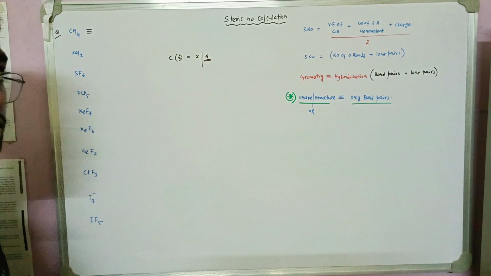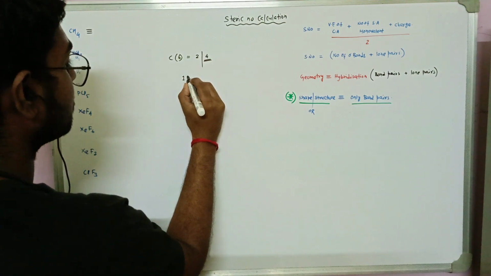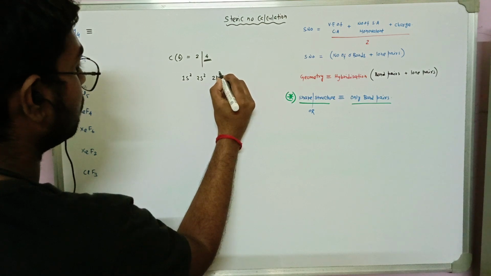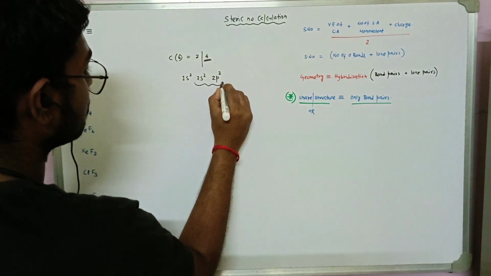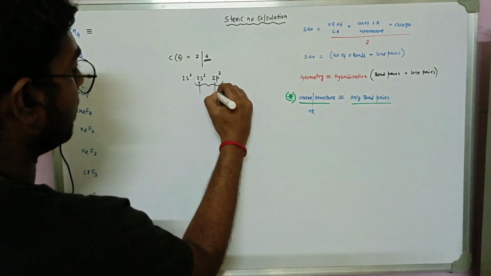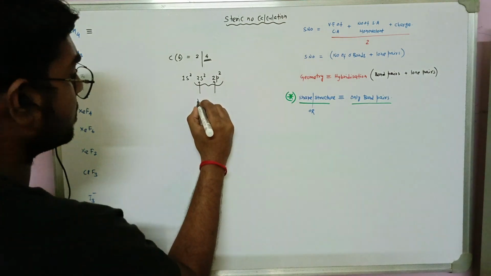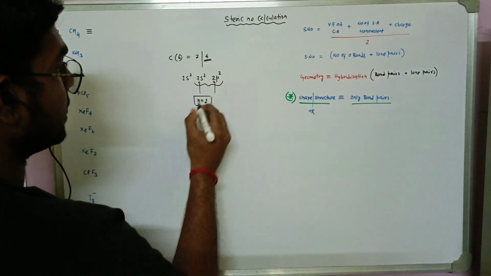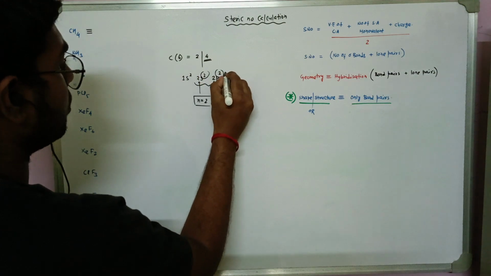So the valence electron count is 4. Or you can do it from the electronic configuration 1s2, 2s2, and 2p2, sorry, and this is the valence shell because it has the highest n value. You can see the highest n value is 2, which is the outermost shell. So the number of valence electrons is 2 plus 2 equals 4.